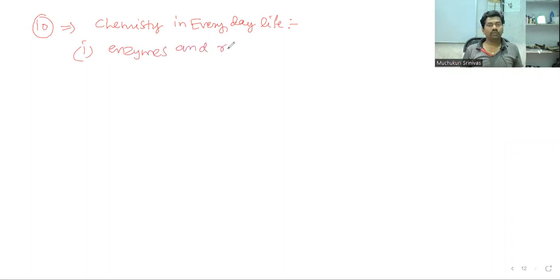Then from the 10th chapter, chemistry in everyday life. Just read what are enzymes and receptors. Then second one, what are antacids? Then what are tranquilizers?